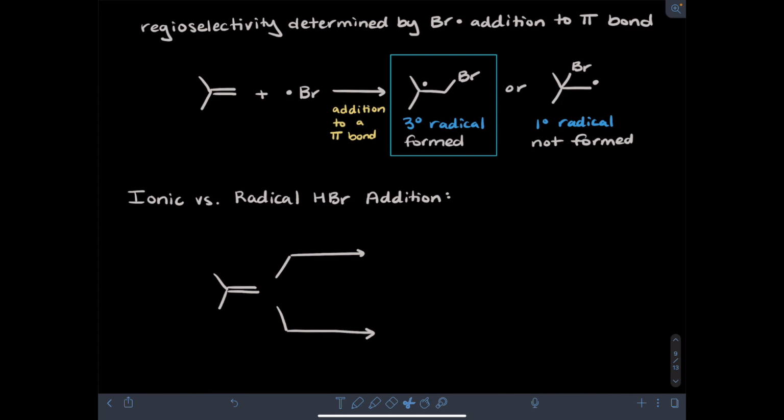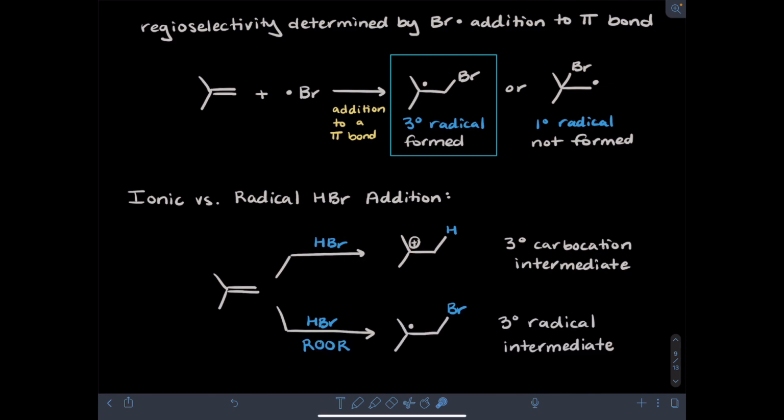Let's compare the typical HBr addition to the radical HBr addition reactions to an alkene, just looking at the key intermediate. In the case of regular HBr addition by the ionic mechanism, the proton adds to the less substituted carbon so that you make a more substituted tertiary carbocation intermediate in this case.